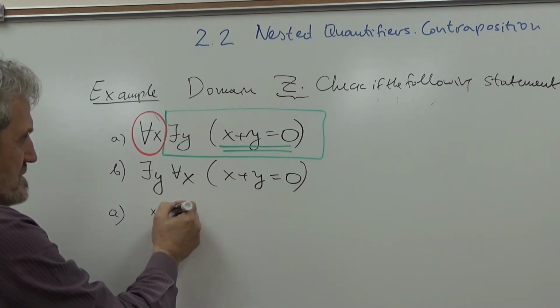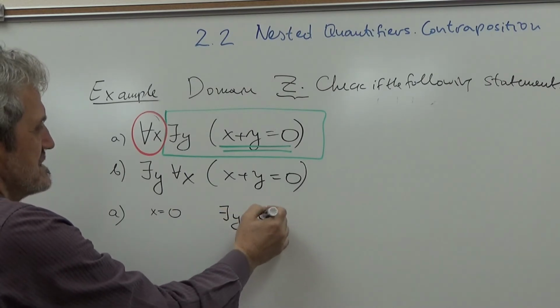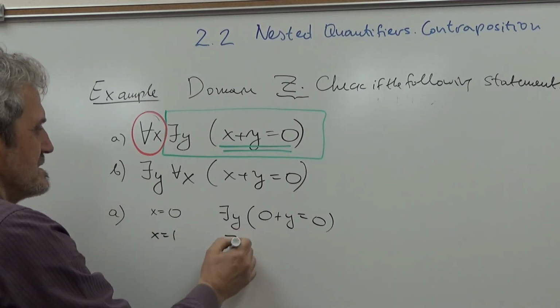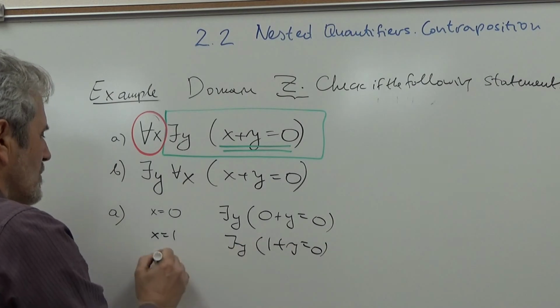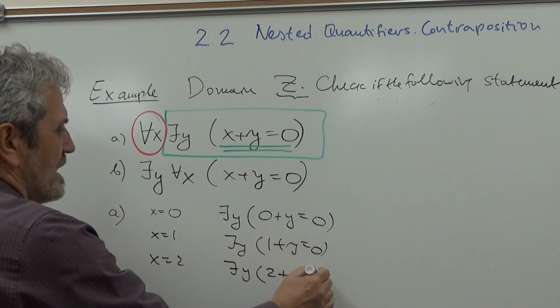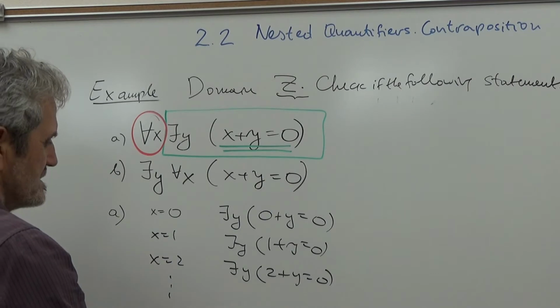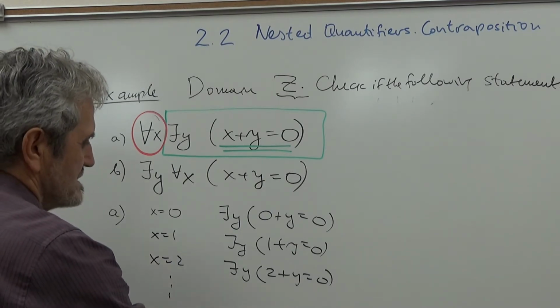So in A, we need to test the following. When we choose x to be 0, we ask, is there a y such that 0 plus y is 0? When x is 1, is there a y such that 1 plus y is 0? When x is 2, is there a y such that 2 plus y is 0? And so on. Also for negatives, if x is -1, is there a y such that -1 plus y is 0?